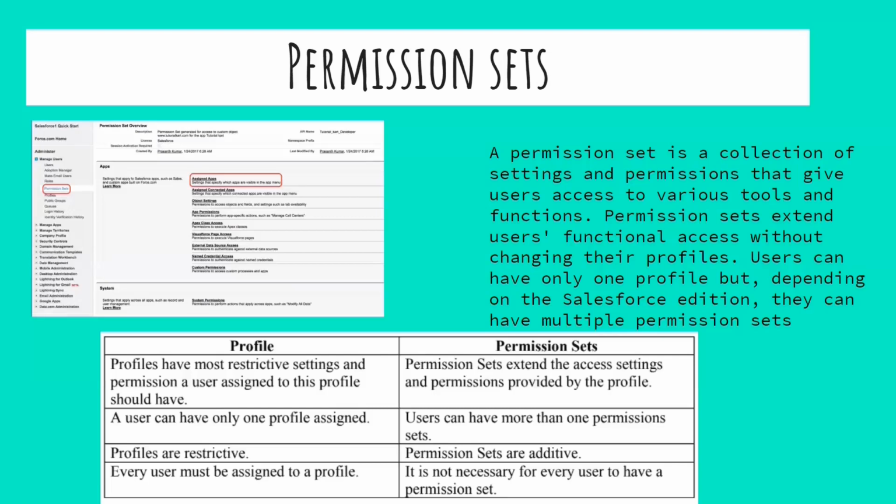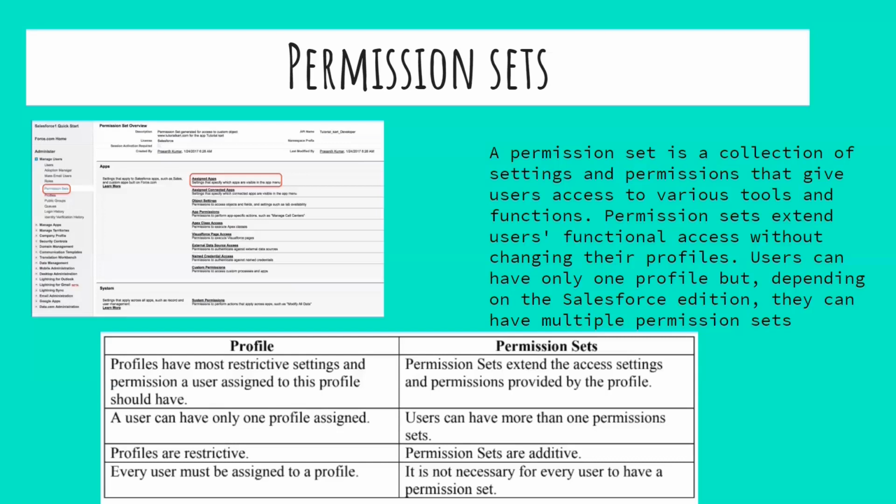So let's see a few differences between a permission set and a profile. A profile has the most restricted settings and permissions a user assigned to this profile should have, but in a permission set you can extend the settings, permissions and functionality of a user. For a profile, a user can only have one profile and it's mandatory that a user has a profile, while with permission sets a user can have more than one permission set, or no permission set at all.